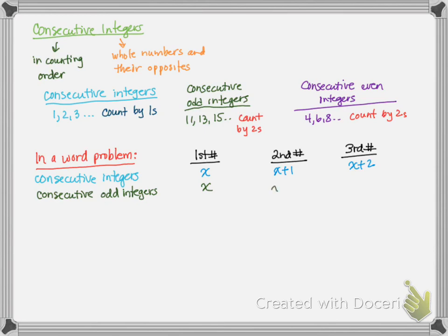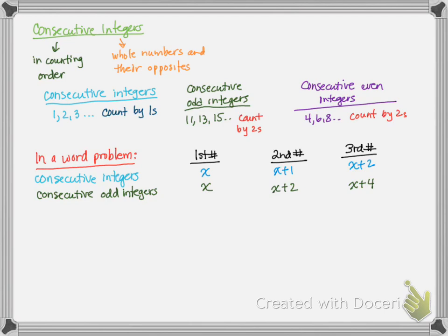So the second number would be x plus 2. Well, what would I do to get from 13 to 15? I'd add another 2 onto 13, and 2 plus 2 is 4. So when I'm counting by 2's, then I'm adding another 2 to each integer.